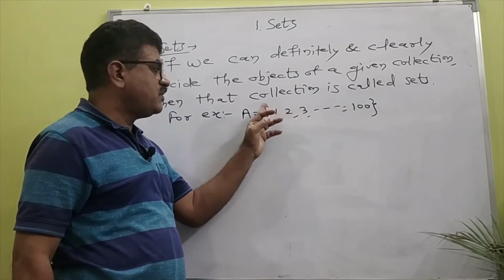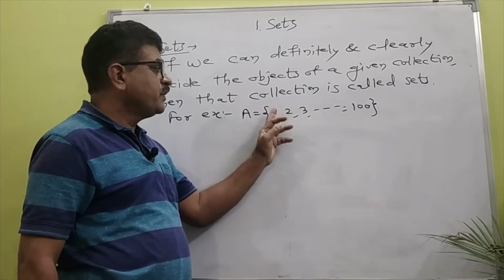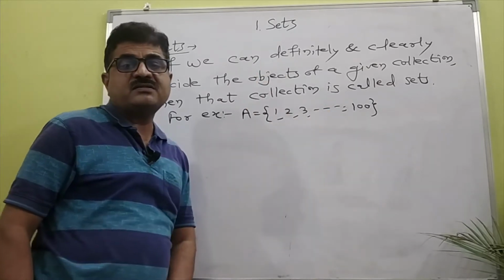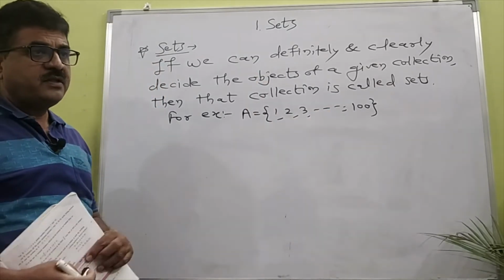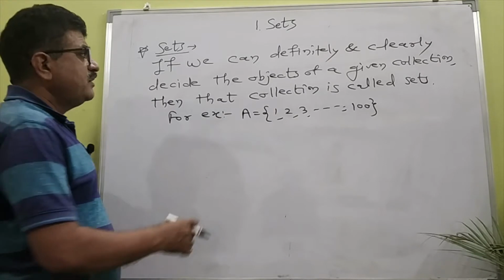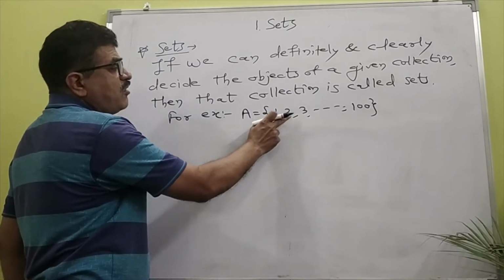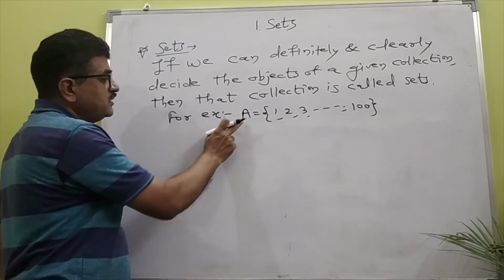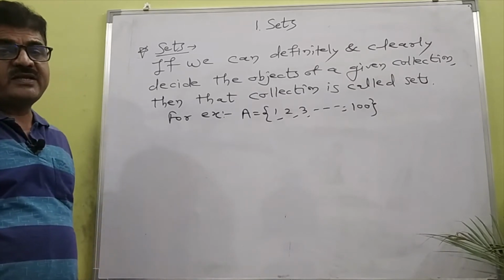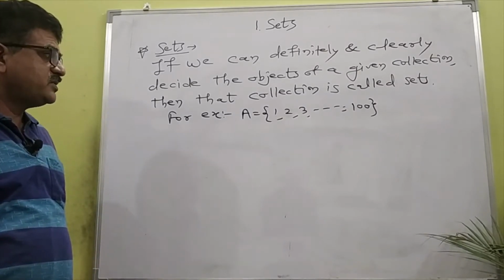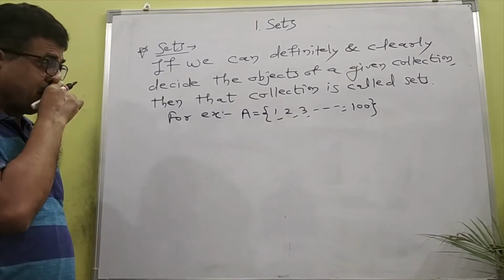We can list them 1, 2, 3 and so on. Last element is 100. We can clearly find all objects of this set, of this collection. Therefore, it is a set.